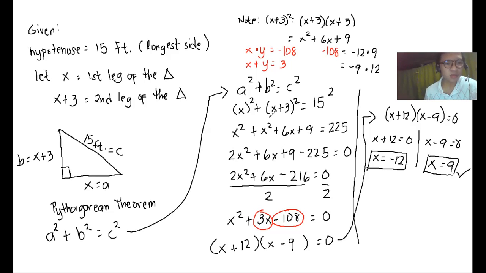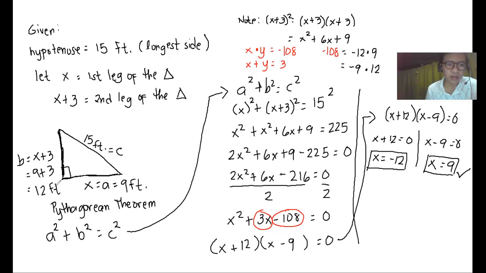So meaning, if x is 9, our letter A, this side, which is our x, would be equal to 9 feet. And then our B, x plus 3, with x being 9, so 9 plus 3, our second leg or the other side would be 12 feet.